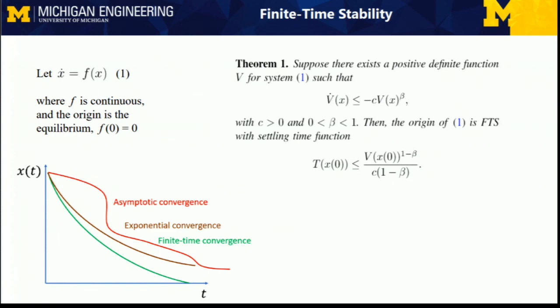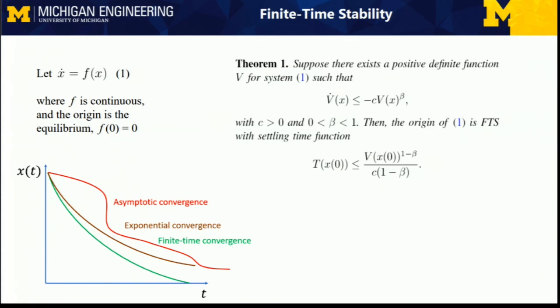So, as I said, in contrast to asymptotic convergence or even exponential convergence, which is convergence as t tends to infinity, finite time encodes that you have to hit the origin or a desired set point, as described here, within some finite time t.